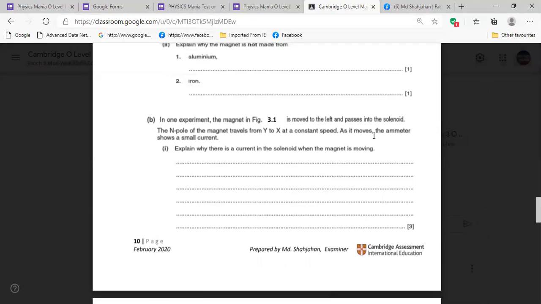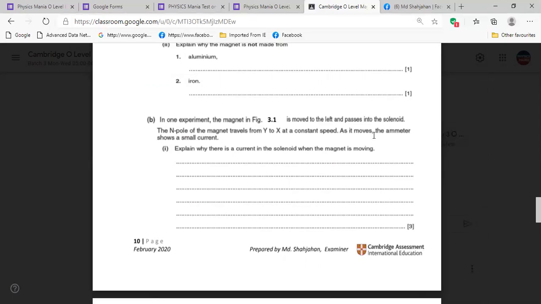Okay. So what should be the answer? I couldn't write this one. Already we had discussion many times. I have an idea. Now you write. Tell me first.